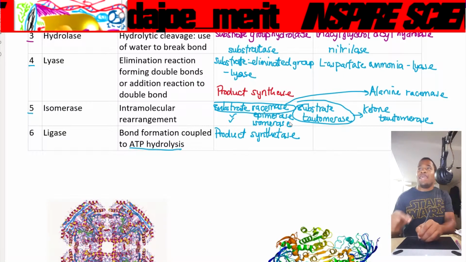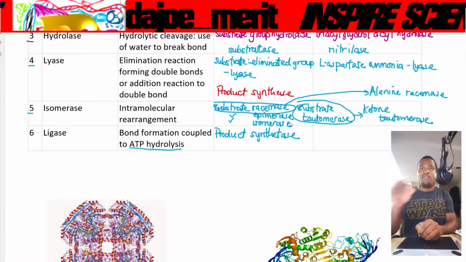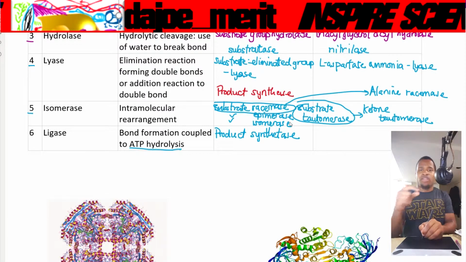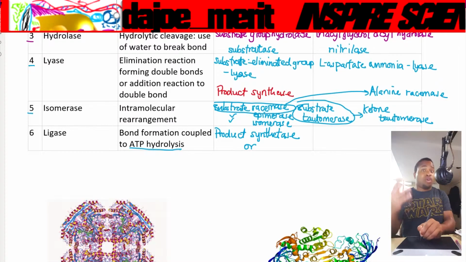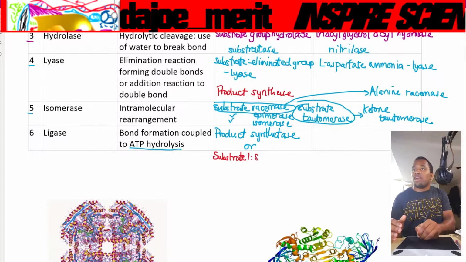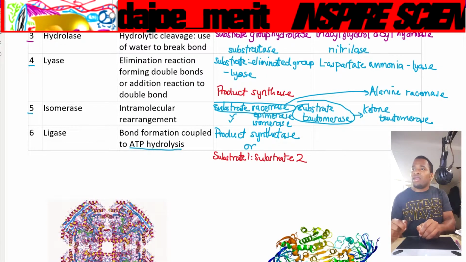So in the lyase, we actually went with synthase, but in this case for ligase, we actually go with synthetase because ATP is involved in this hydrolysis process. And so you can also do that, or you can go with another way, which is writing the first substrate and then the second substrate, and most importantly putting down the final name, hyphen ligase.